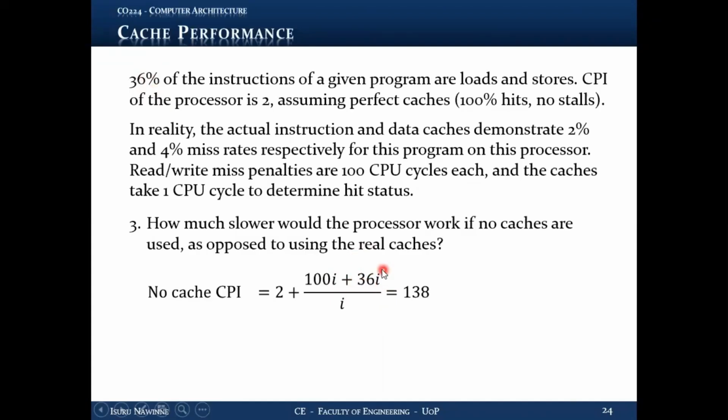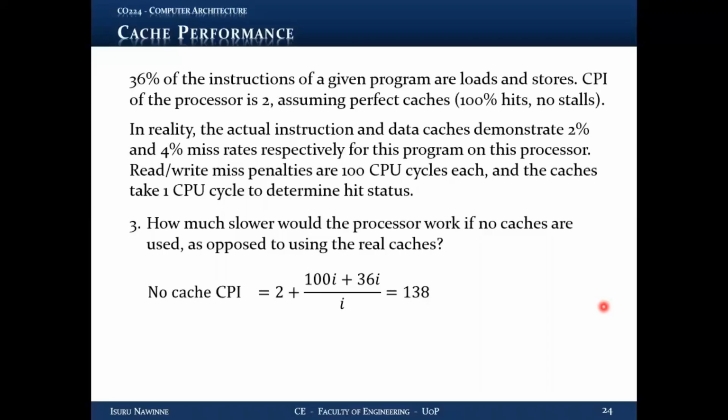Stall cycles due to those load store instructions, data memory stalls. So this is instruction memory stalls. And per instruction, you divide the total by I. And the result is 138, which is a massive number if you don't have caches at all.